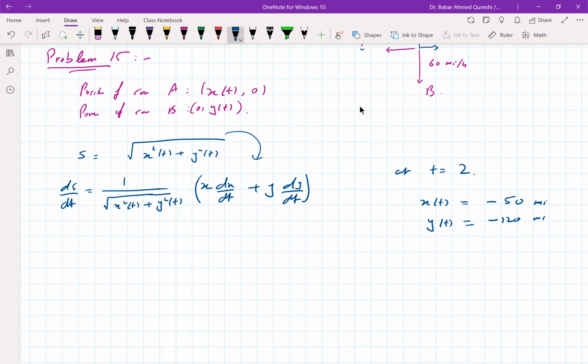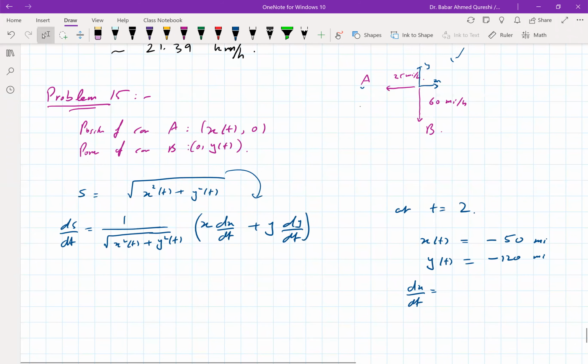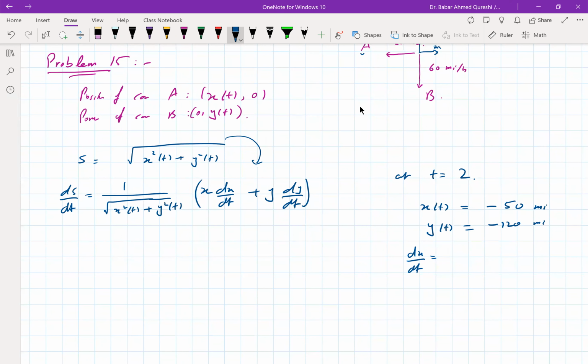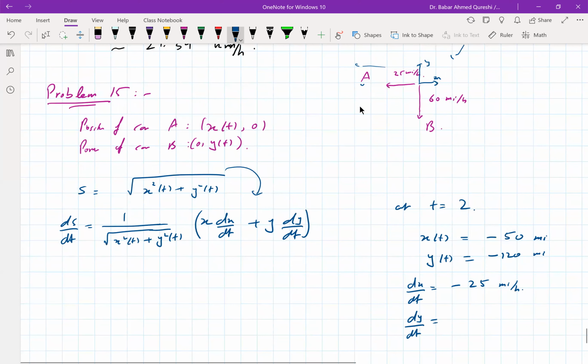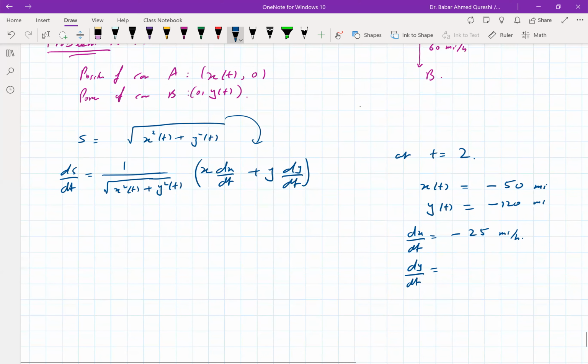While if you look at dx over dt, since it's moving in this direction, its x coordinate is decreasing with time, so this speed should be taken minus. And similarly, dy by dt, according to this choice of axis, should be taken minus 60 miles per hour, because the y coordinate is decreasing with time, not increasing with time.